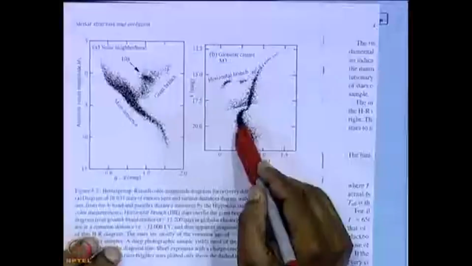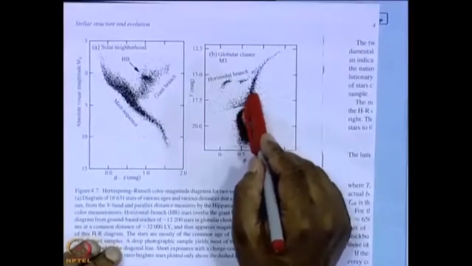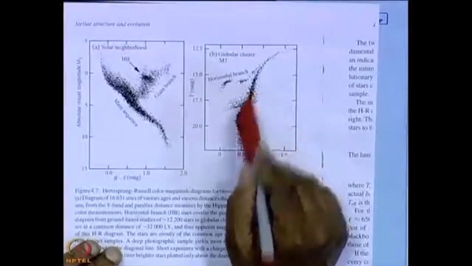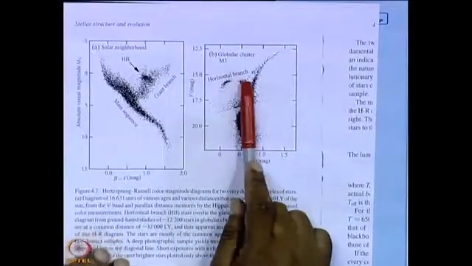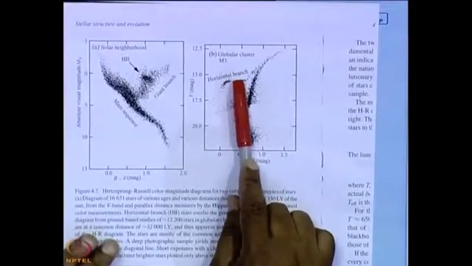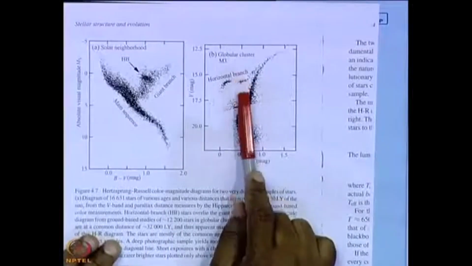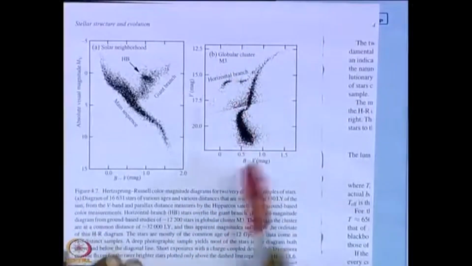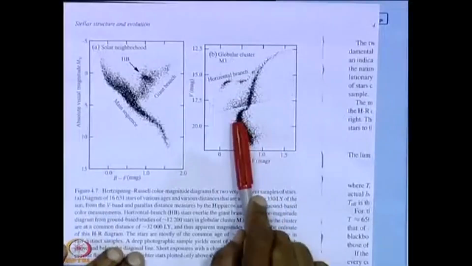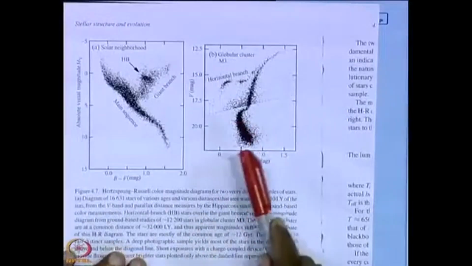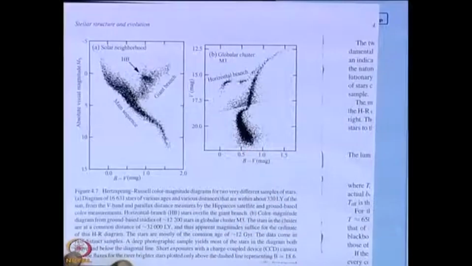This turning off from the main sequence is a very important effect, and we shall discuss this when we discuss cosmological ages, the age of the universe. We shall come back to this point later when we discuss the evolution of stars.